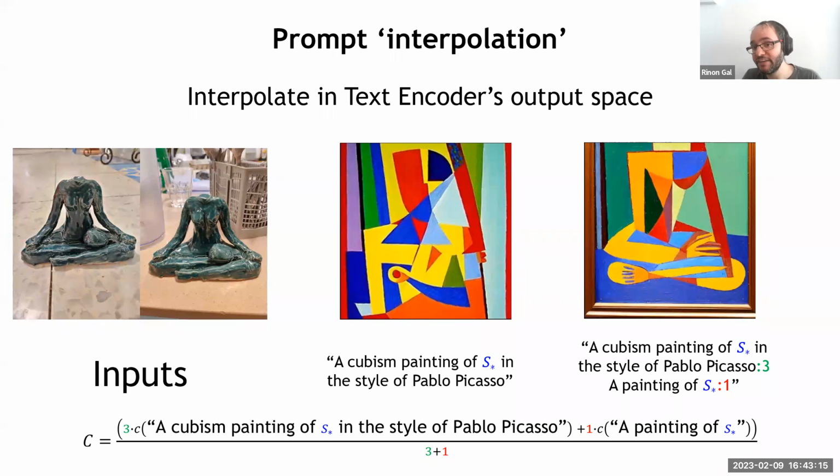It will have more padding tokens at the end. And we're interpolating between these padding tokens and the words in the longer prompt. So it's very strange. It's weird, but it works. So maybe someone will investigate this at some point and understand what's really going on here. But you can really see that it does give us a much better representation of our object as a Picasso painting.